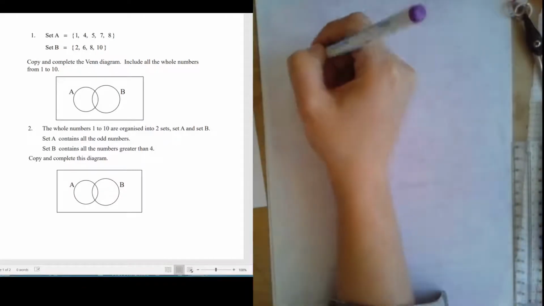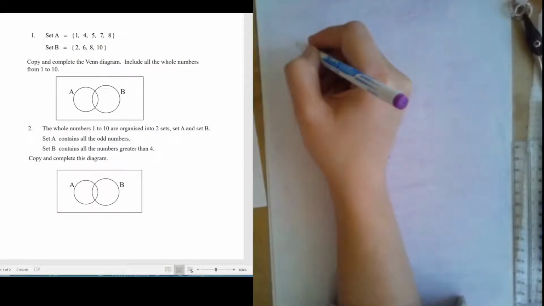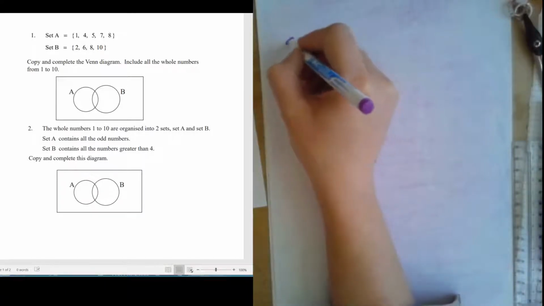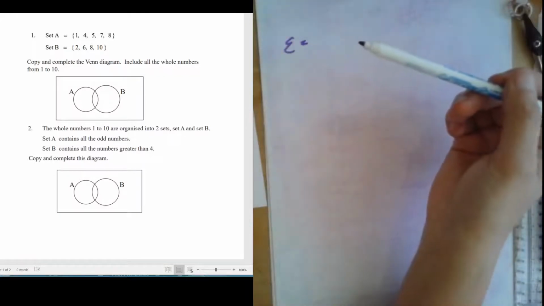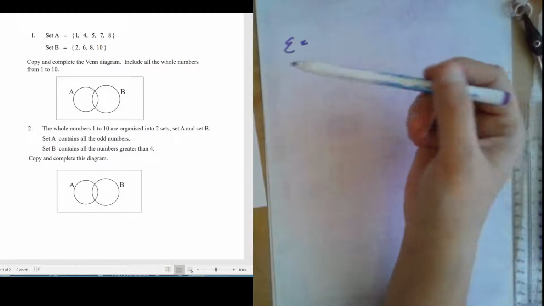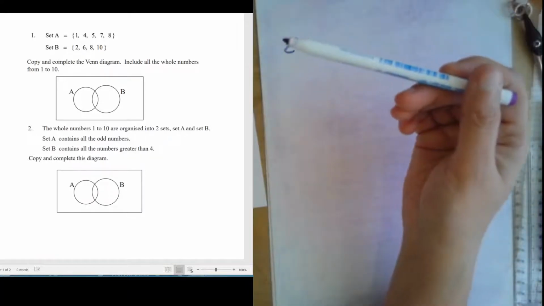Okay, so we have set A and set B. So I'm just going to read set A and set B from there. It says copy and complete the Venn diagram, and it says include all the whole numbers from 1 to 10. So the first thing I want to note down is if this was some sort of assessment paper, you would already have A and B written down.